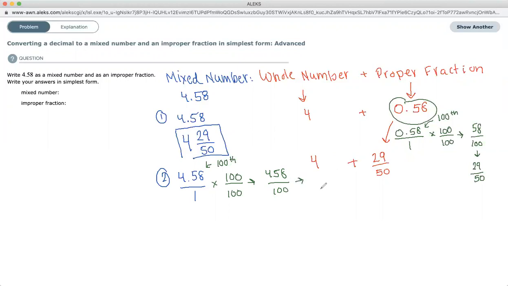Both numbers are even. So I'm going to divide by 2, using a little bit of long division for that. I will end up with a simpler form. 2 goes into 4 twice. 2 goes into 5 twice.